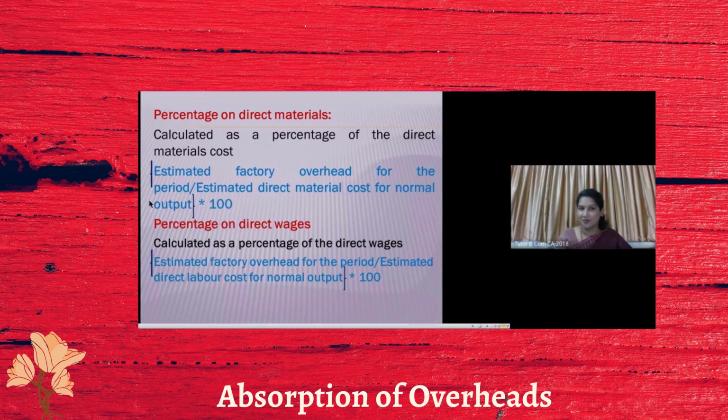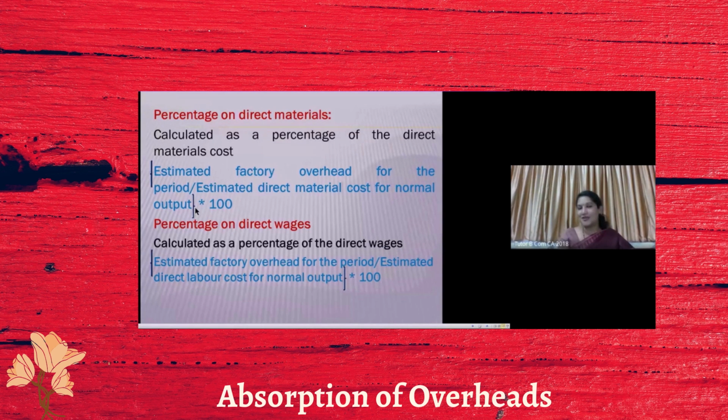That's why I put this in brackets, the whole bracket is into 100. So estimated factory overhead for the period, which we have with us, divided by estimated direct material cost for the normal output. It's very simple. As the name indicates, the denominator would be based on direct material cost.